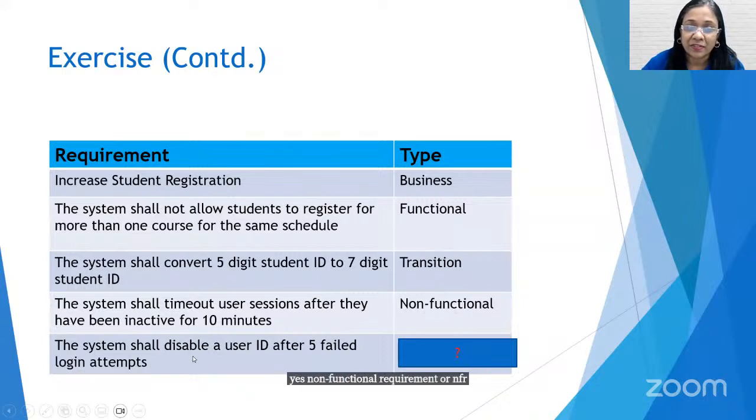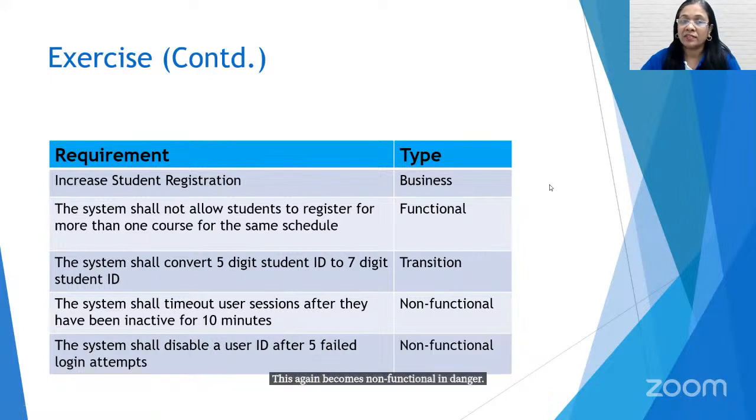Then the last one, the system shall disable a user ID after 5 failed login attempts. This again becomes non-functional in nature.